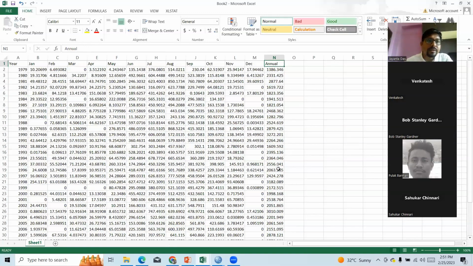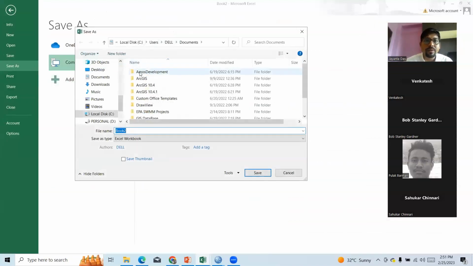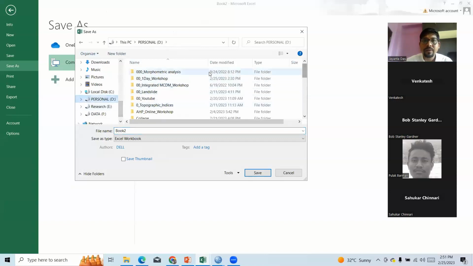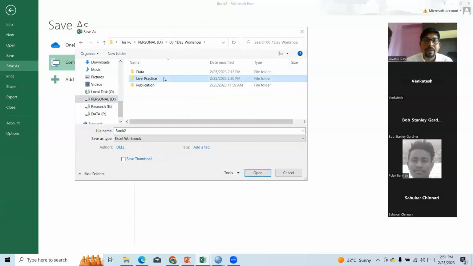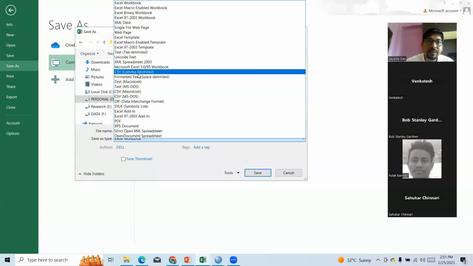So you can consider this. Now save it. I'll save it into one Excel file, or you can save it directly as a CSV file, CSV comma delimited.